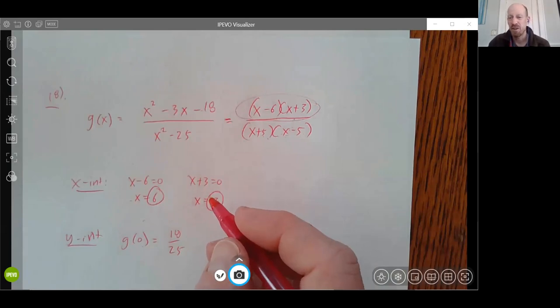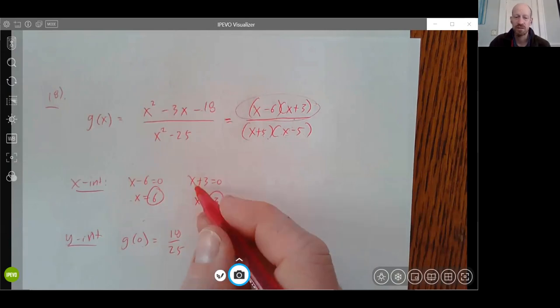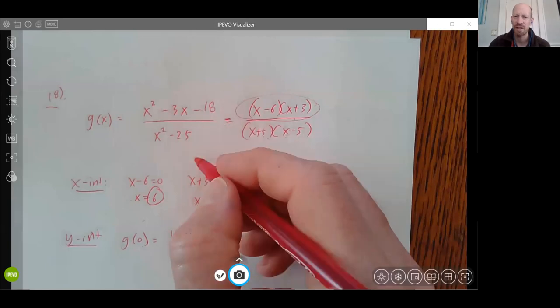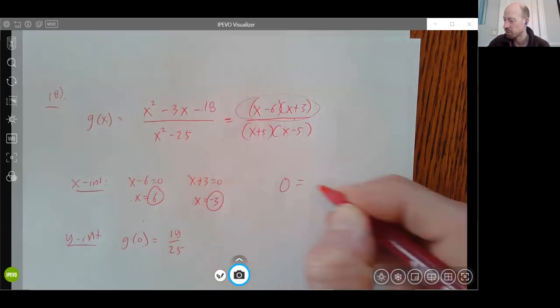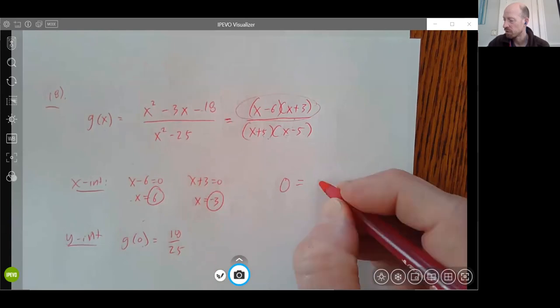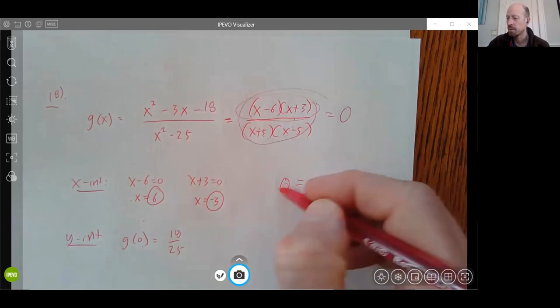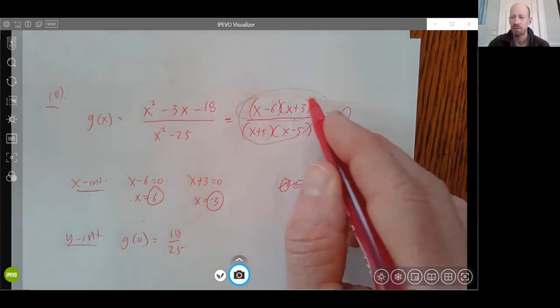And I think sometimes it's challenging because it feels different, like, oh, we're doing really different things for the x-intercept and the y-intercept, but really we're taking a shortcut here for the x-intercepts. For the x-intercepts, you do set the function equal to 0. You set all of this equal to 0, but the only way that's 0 is if the top equals 0.